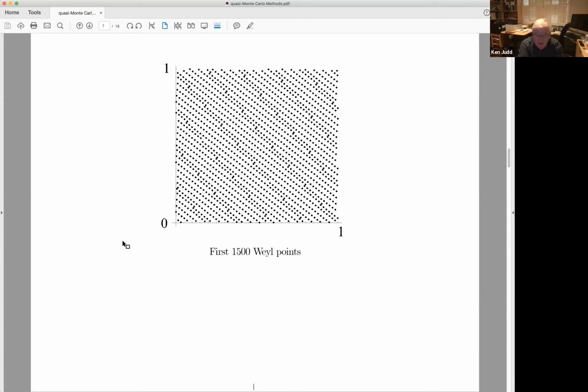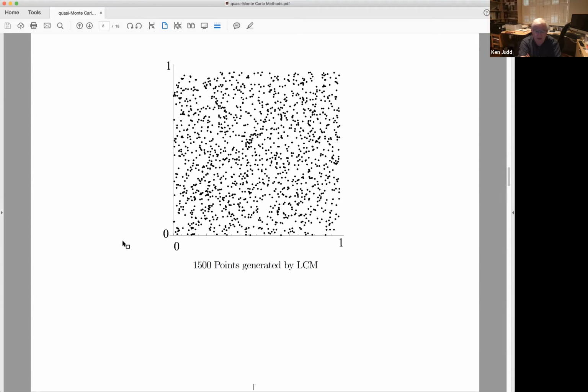Now, that actually looks close to being a uniform sample of points. Compare this to 1,500 random points. Which one would you rather use to compute an integral over the unit square? I think this one is far better than this one.